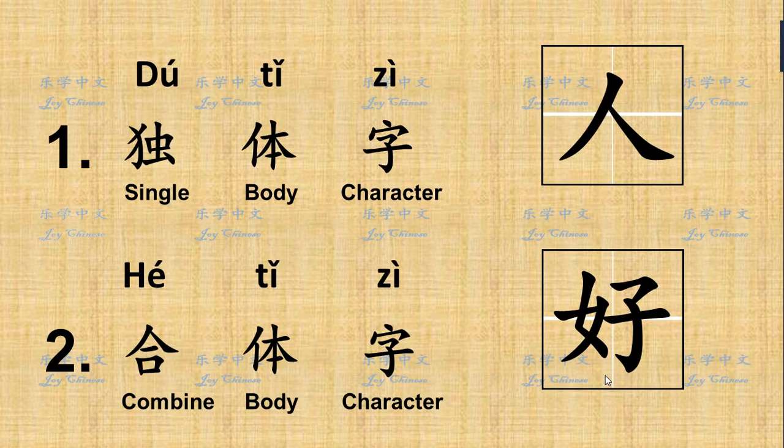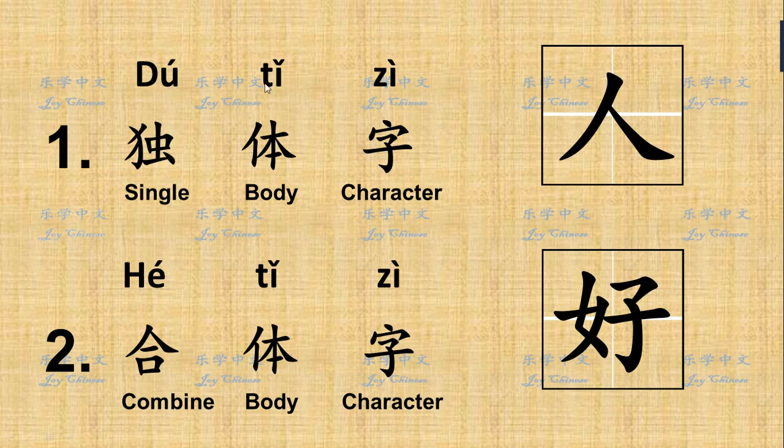We have seen a lot of different kinds of characters in our previous video. Here, there are two big groups of characters. The first one, we call it 独体字.